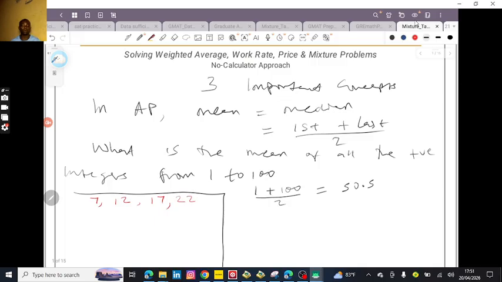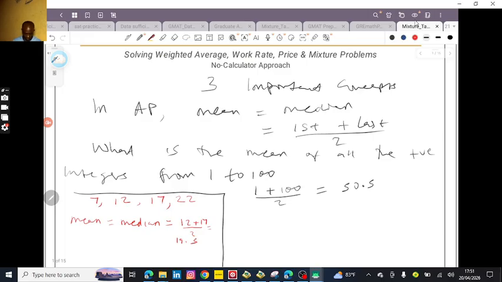Now, let's try what we did before. The mean is still equal to the median, but it's an even set now. The popular method we know is that we add the two middle ones: 12 plus 17 divided by 2 is 19.5.